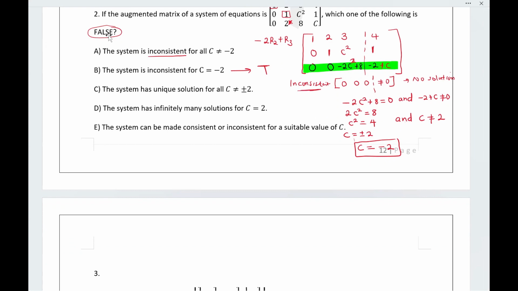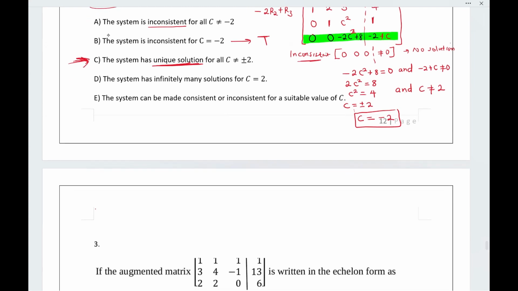Remember, inconsistent means no solution, right? Since we have another one here, let's check this C. Is it true or false? When the system has a unique solution, right? So let's check unique solution here.